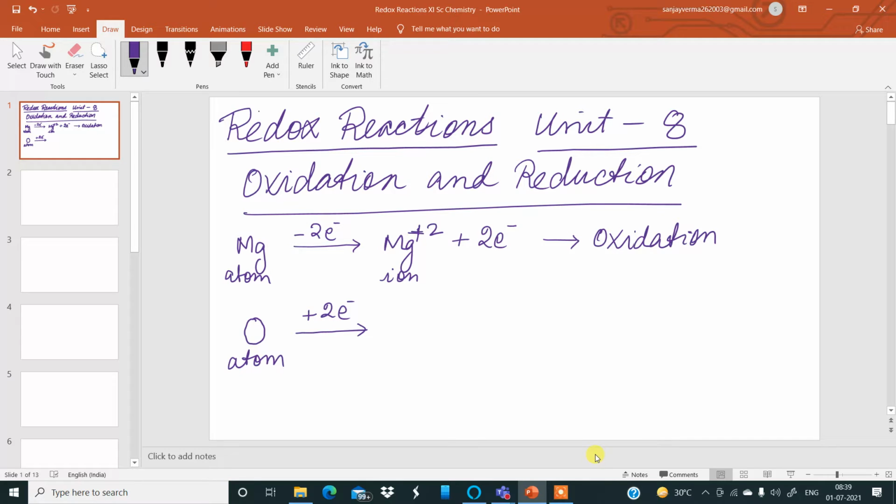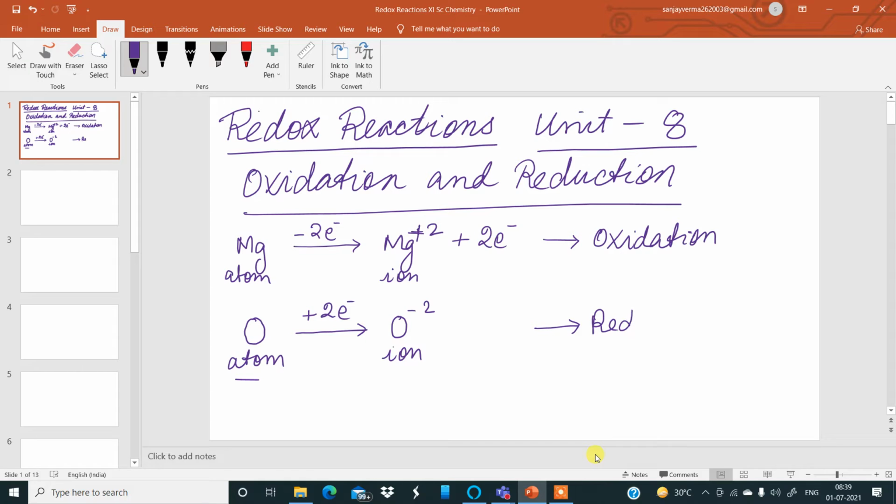So if I give 2 electrons to an atom of oxygen, it is going to become O minus 2 ion, the oxide ion. So here the oxygen atom has gained 2 electrons. So this is a case of what? There is gain of electrons. This is a case of reduction.